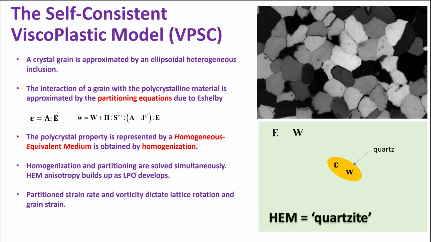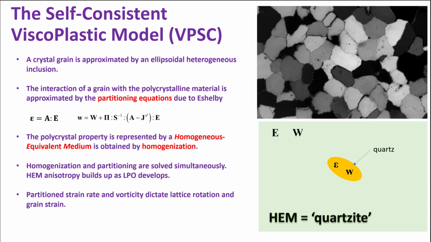A mechanically sounder model is the self-consistent viscoplastic model, VPSC model, that was developed in the late 1980s and early 1990s. The model is based on Eshelby's theory of an inclusion in a homogeneous medium. Eshelby's theory relates the stress and strain in an inclusion, the local field, to the background macroscale field.